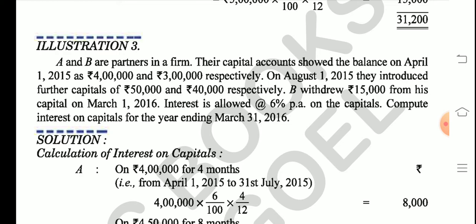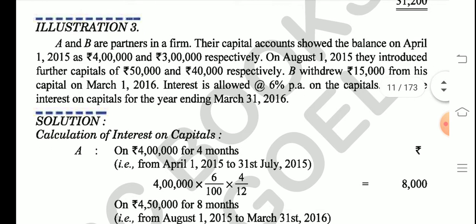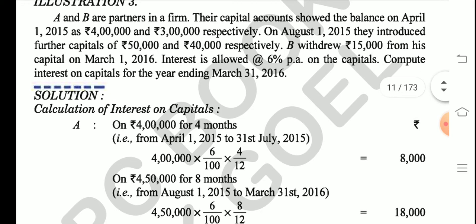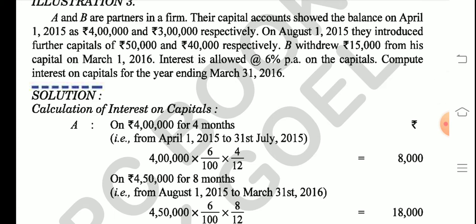Okay, on August 1st, how many months have passed? April, May, June, July, right? 4 months. So the time period for the first capital is going to be 4 by 12, and the next capital is actually changing on 1st August. Then there is one more change on 1st March.